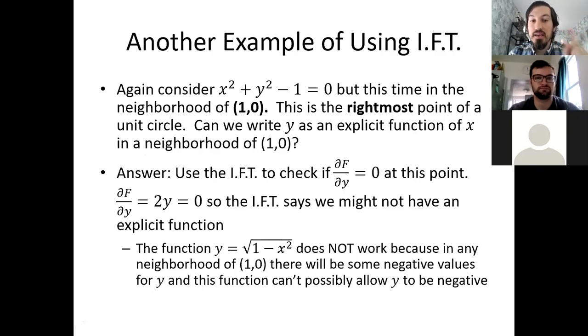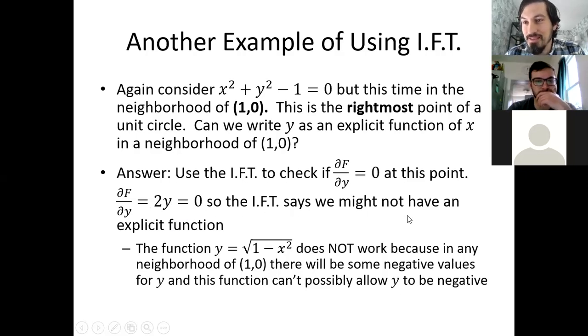Now, here is the rightmost point. Once again, I've already spoken about this, but here it is written out. At the rightmost point, if we tried to use the implicit function theorem, df/dy is equal to 0, because 2y, y equals 0, so 2 times 0 equals 0, which says that we might not have a function.